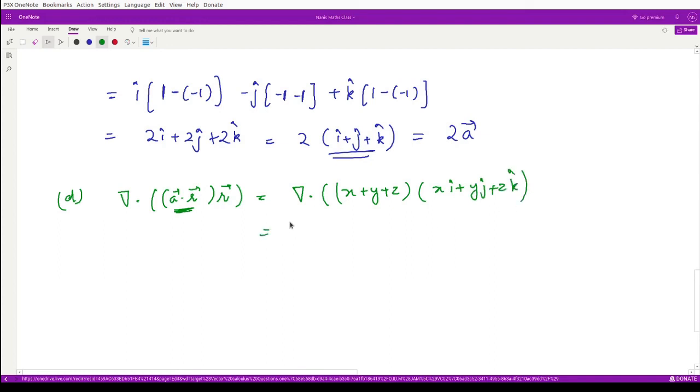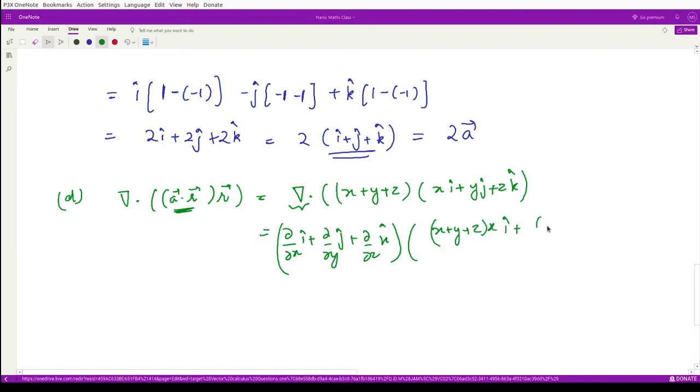So this quantity, we can also write the definition for this one. So we have del by del y j cap plus del by del z k cap, and then you can multiply this. So you have x plus y plus z into x i cap plus x plus y plus z into y j cap plus x plus y plus z into z k cap.